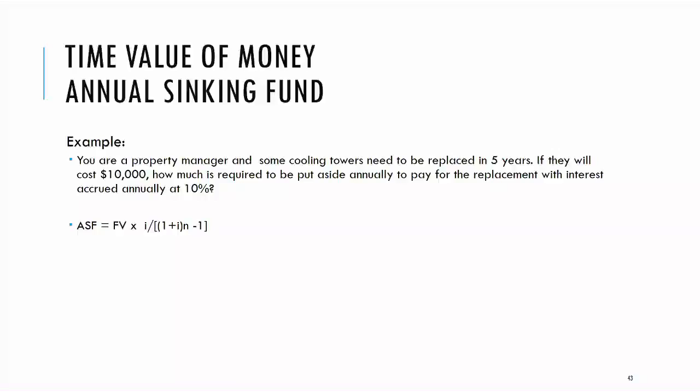If they will cost $10,000, how much is required to be put aside annually to pay for the replacement with interest accrued annually at 10% per annum? This is the formula. So how much do you need to put aside every year? Tell me.